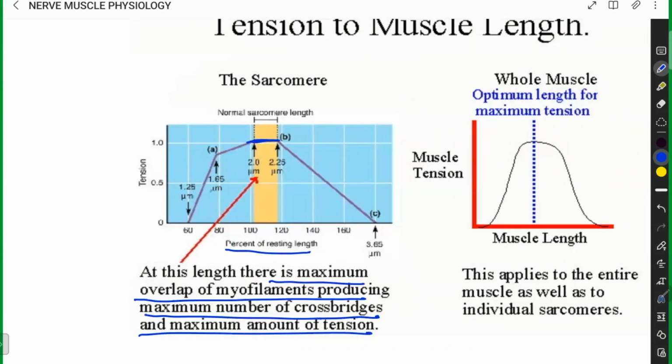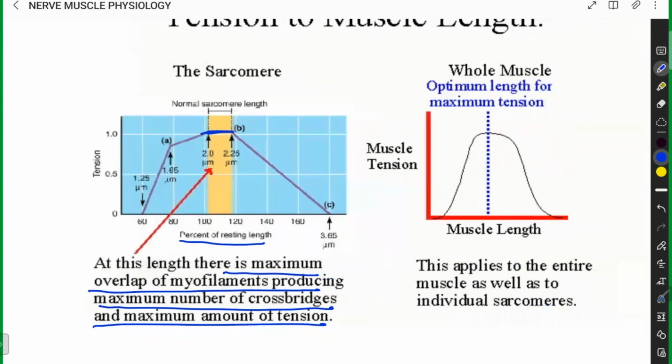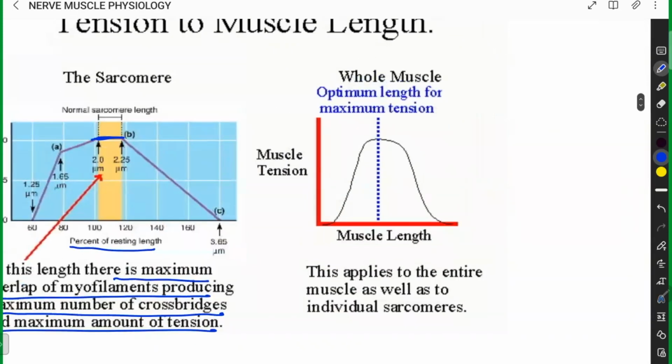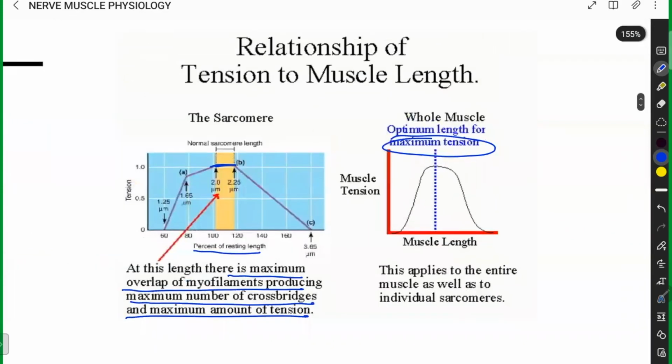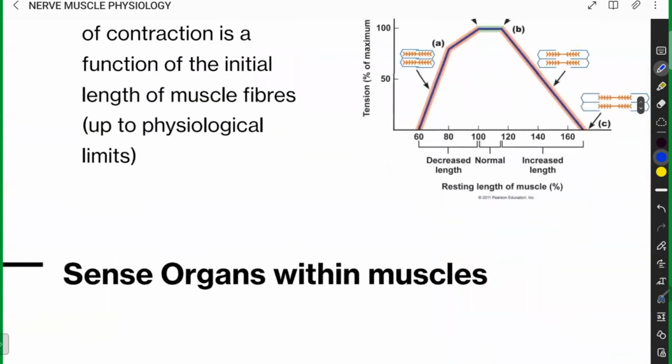When the length is decreased, there is not going to be any formation of contraction, and even when it exceeds 120% of normal sarcomere length, your force of contraction decreases. So for the entire muscle as well as the individual sarcomeres, an optimum length is required for maximum tension. More or less than the optimum length is not going to yield that.